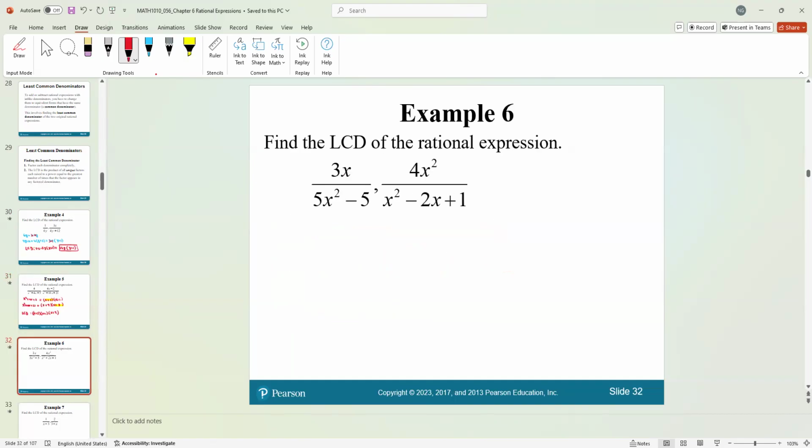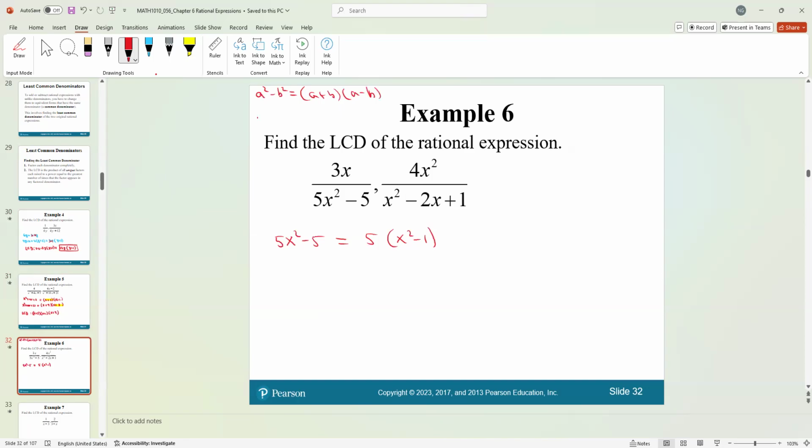Here, first of all, when I see 5x squared minus 5, the first step is really to factor the GCF. But you need to remember a squared minus b squared is a plus b times a minus b.